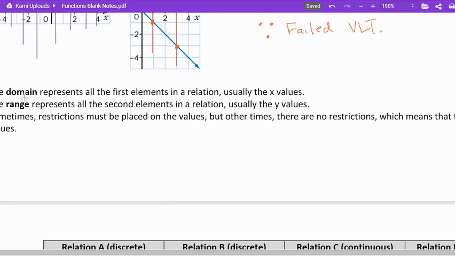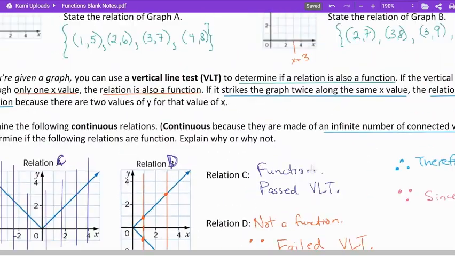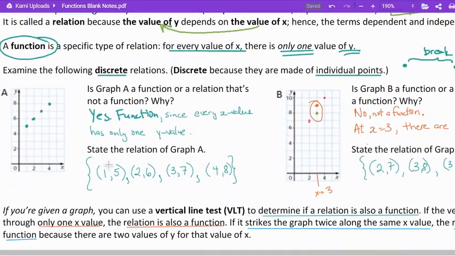Okay, 2 more terms, domain and range. So the domain represents all the first elements in the relation, and this is usually the x values. So when I am looking at a set of ordered terms, which ones are the first elements? Well, it's the 1, the 2, the 3, the 4, right? It's the first number that comes in an ordered pair, and usually this term is the x term.